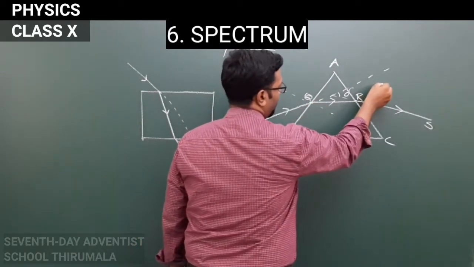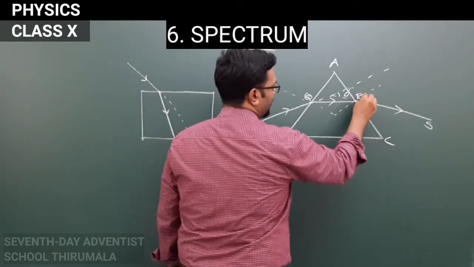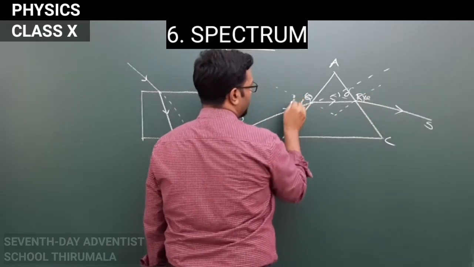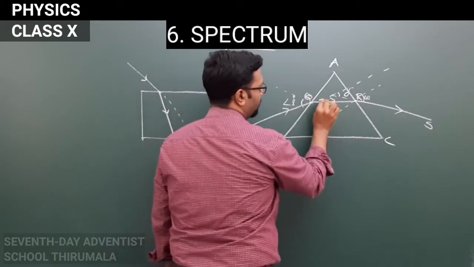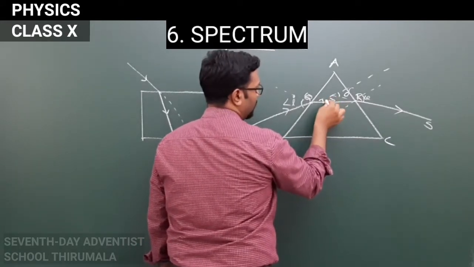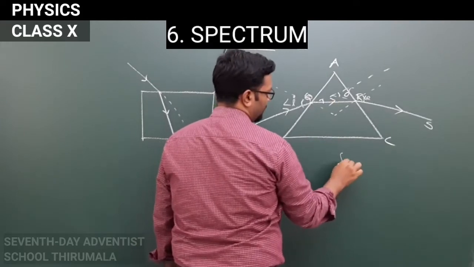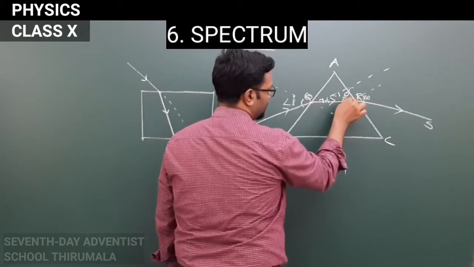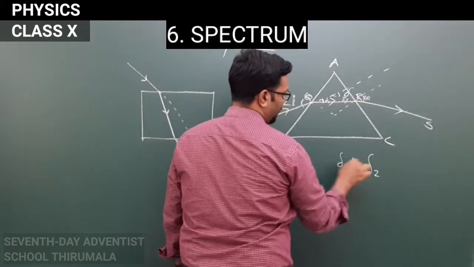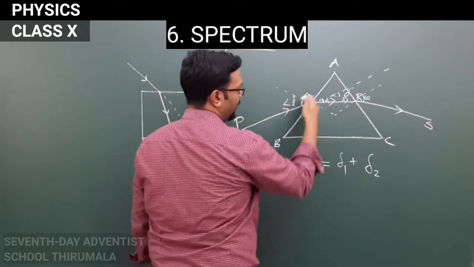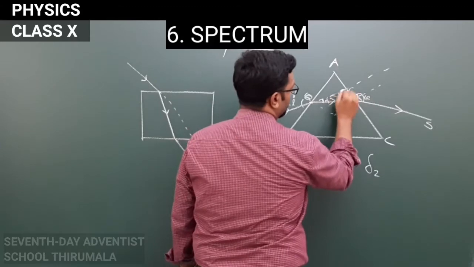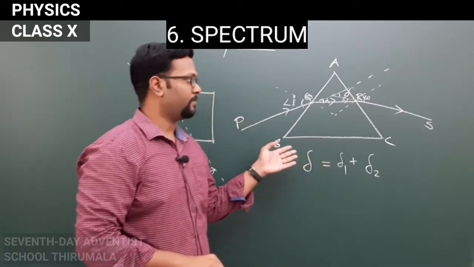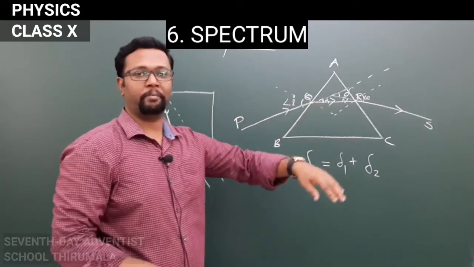Here also we have a normal to the surface of the prism, and here we have the angle of emergence, angle E. Here we have the angle of incidence, angle I, and here we have the first deviation, delta 1, and the second deviation, delta 2. When you add both deviations, you will get the total deviation.